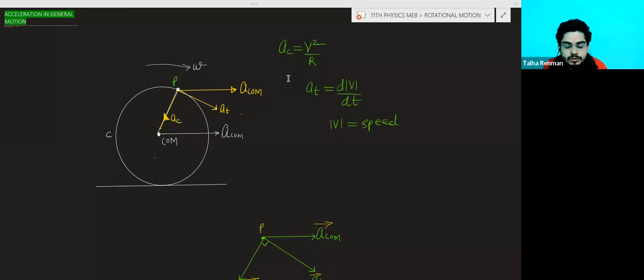So in general motion, there are three types of acceleration at any point. Okay, we can write here.